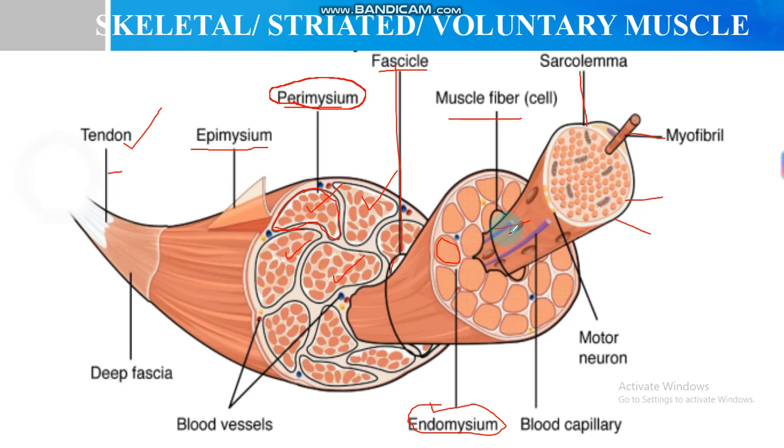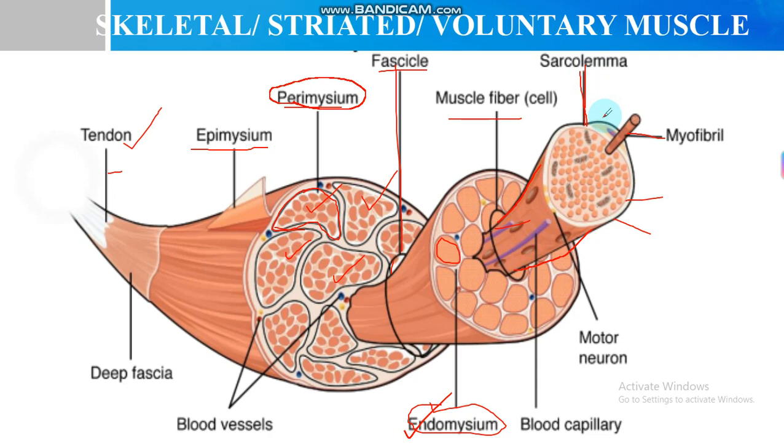If we pull out one muscle fiber, like this one here, it is composed of two membranes. There is the outer membrane. The outer membrane of a muscle fiber is called the endomysium. And then inside the endomysium, there is the usual cell membrane of the muscle fiber, which is called the sarcolemma.